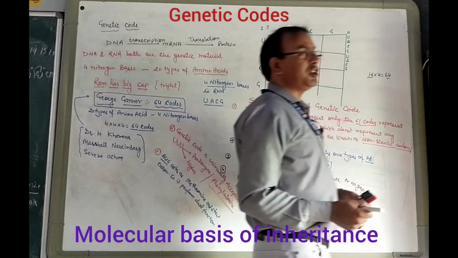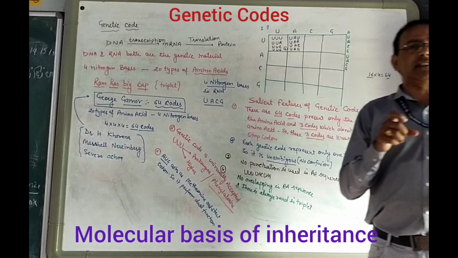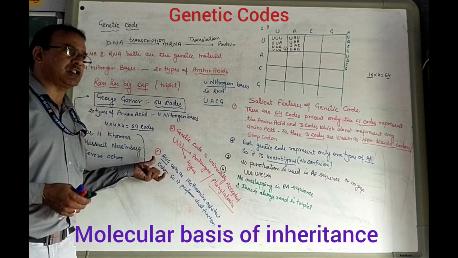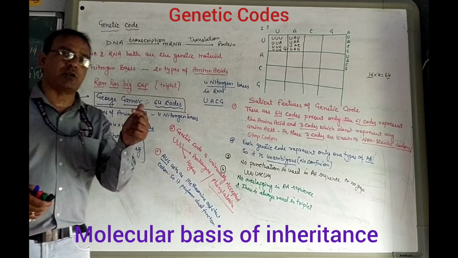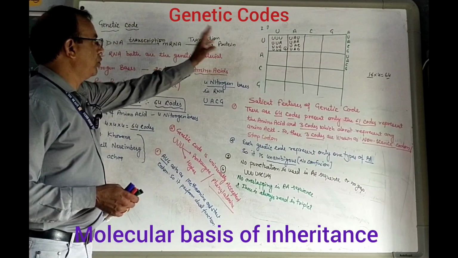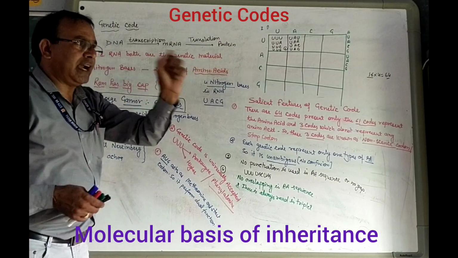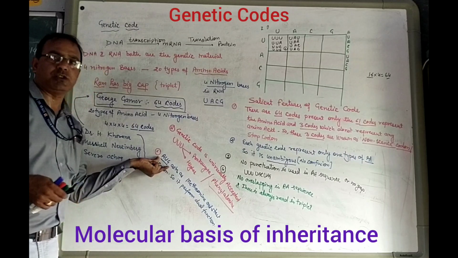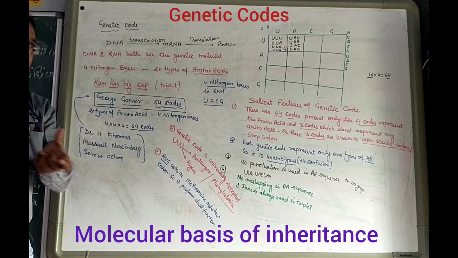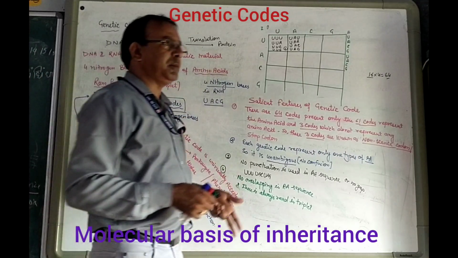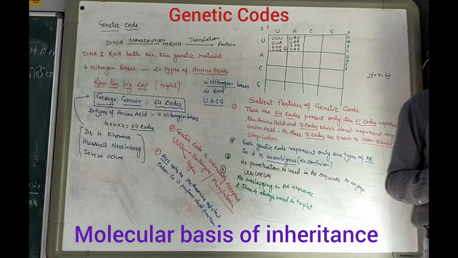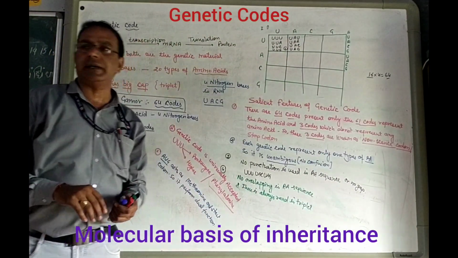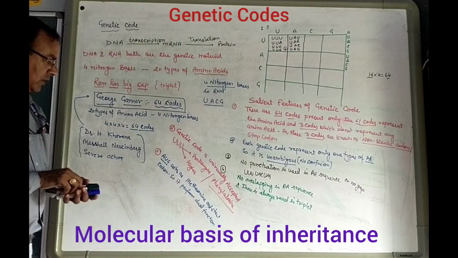One more exception is GUG. That also acts in some organisms as a start codon as well as valine.